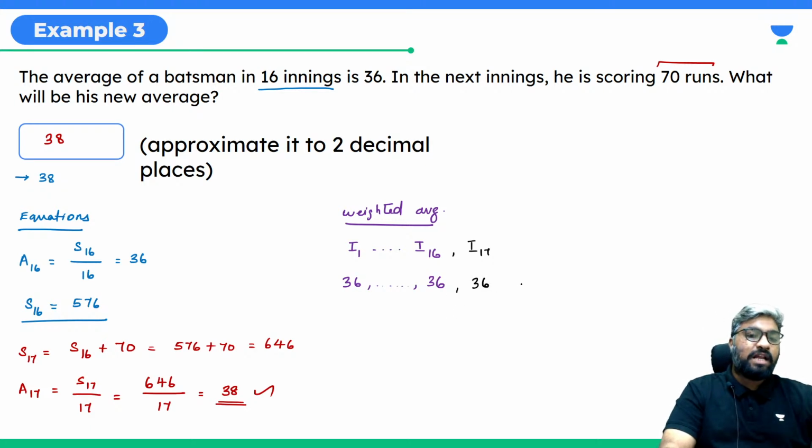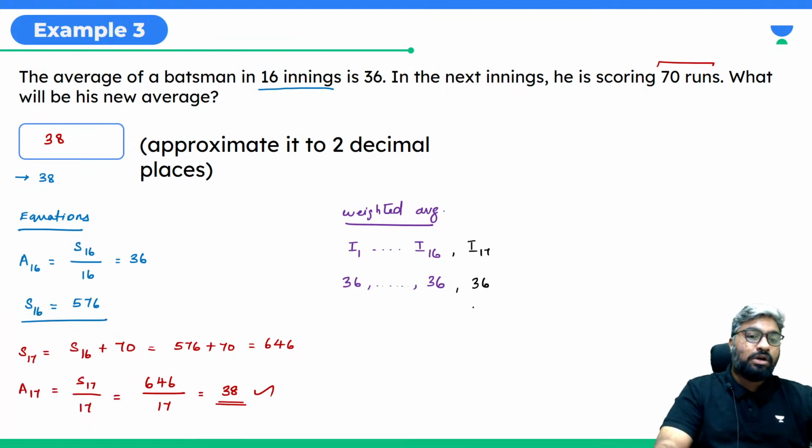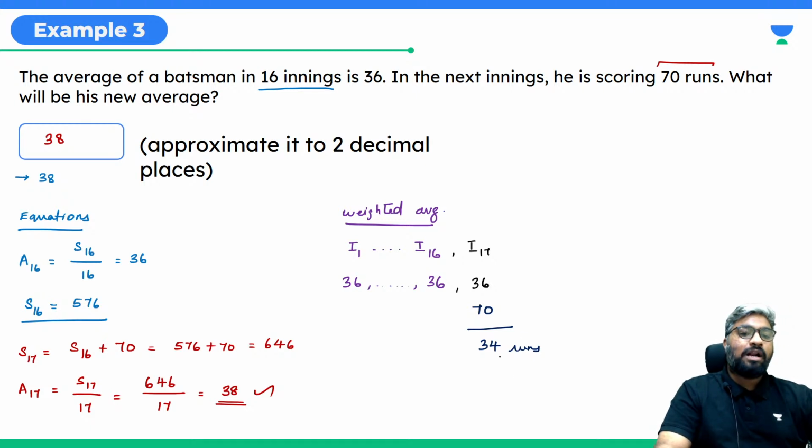Then the average would have remained 36 itself, correct? But how much did he actually score? He scored 70. Yes, how much extra did he score? From 36, 70 is how much extra? 34 runs extra overall, correct? Yes, extra 34 runs.